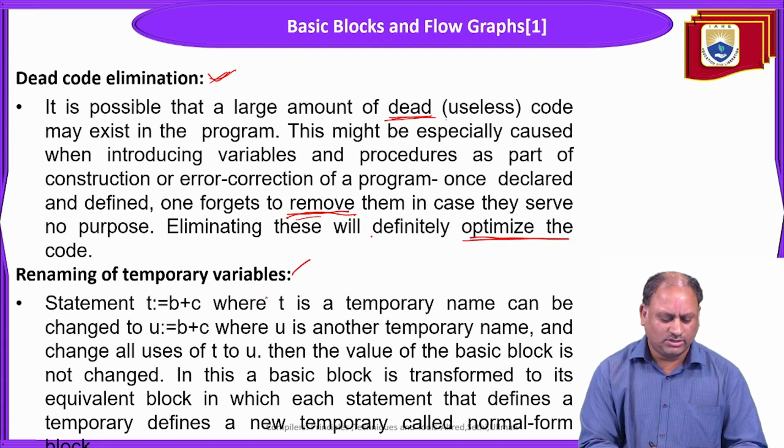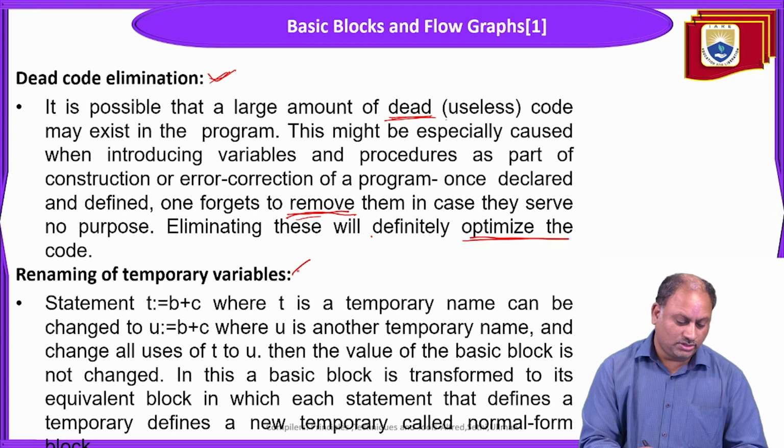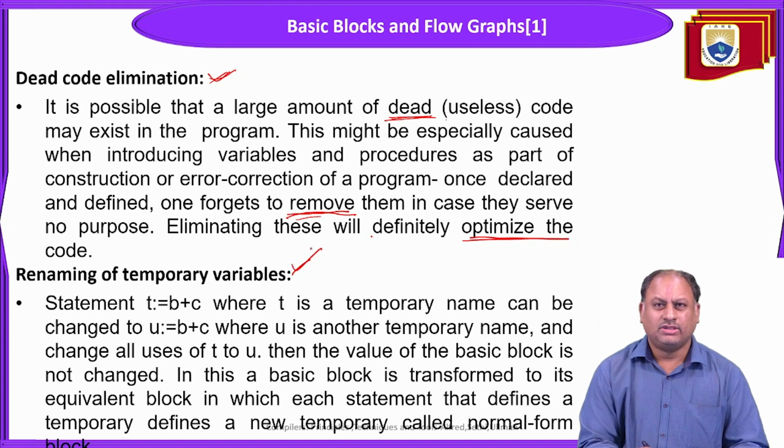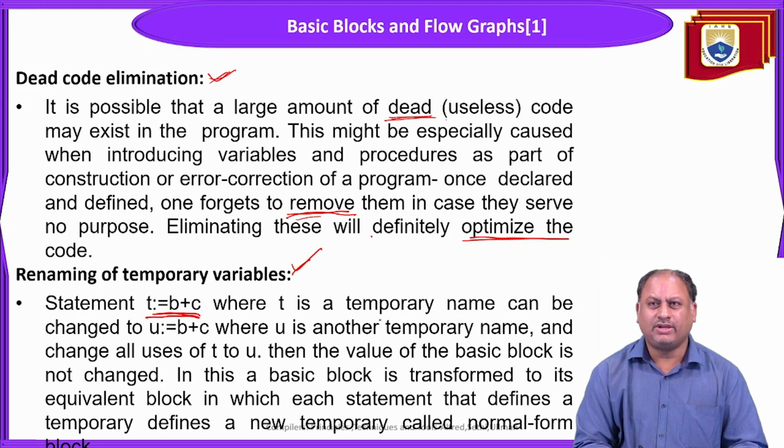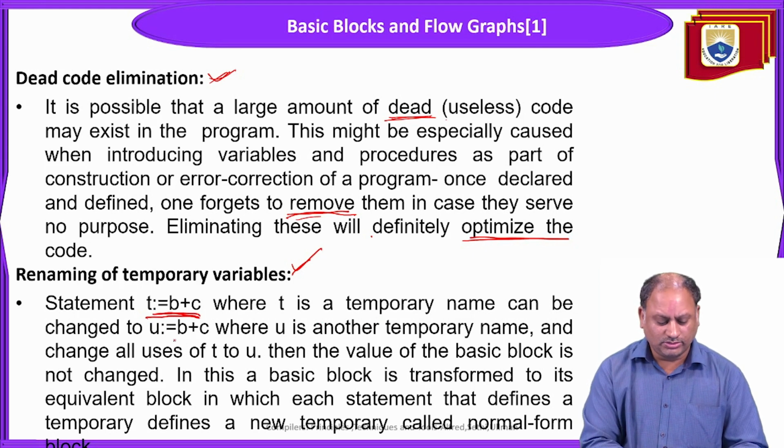Another important one is the renaming of temporary variables. That means the variables are available but may not be used. For example, here t equal to b plus c. Here t is a temporary name, and sometimes you may change this assignment to u equal to b plus c.